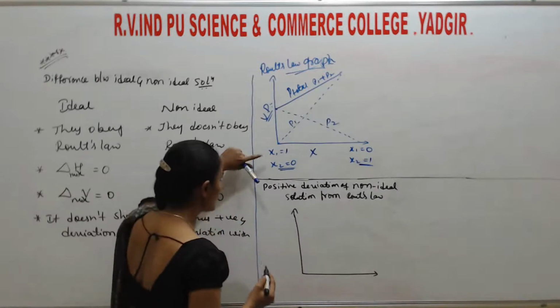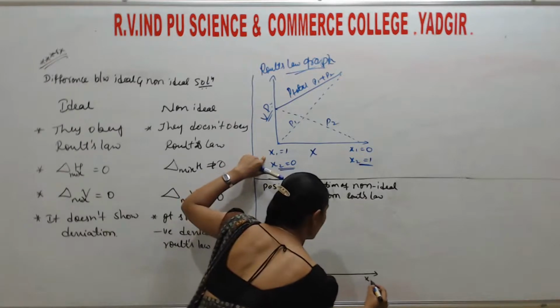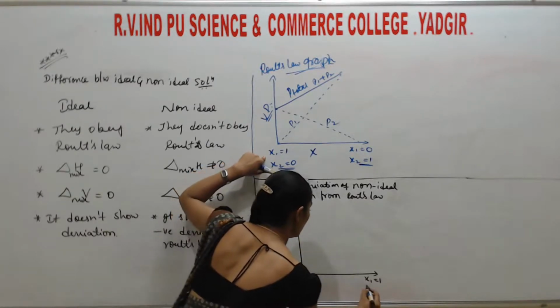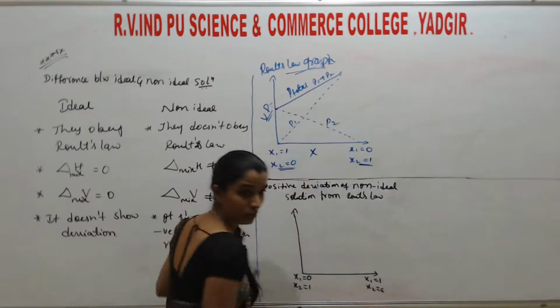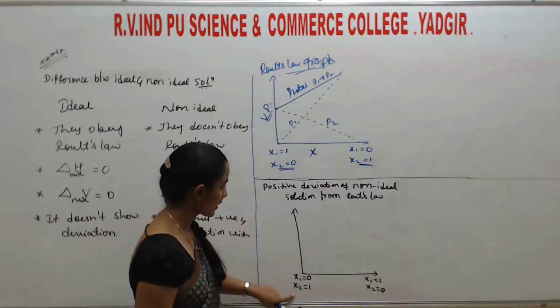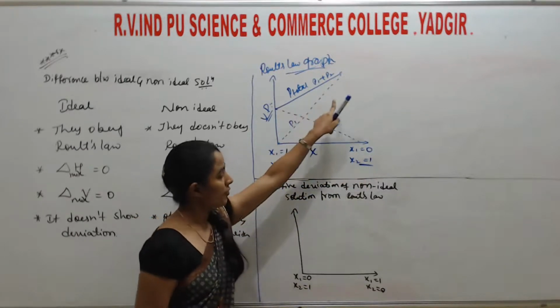Okay, so students, here I am taking x1 is equal to 0, x1 is equal to 1, x2 is equal to 1, x2 is equal to 0. Correct? Listen, this is the second component. As the mole fraction of the component increases, the graph increases.